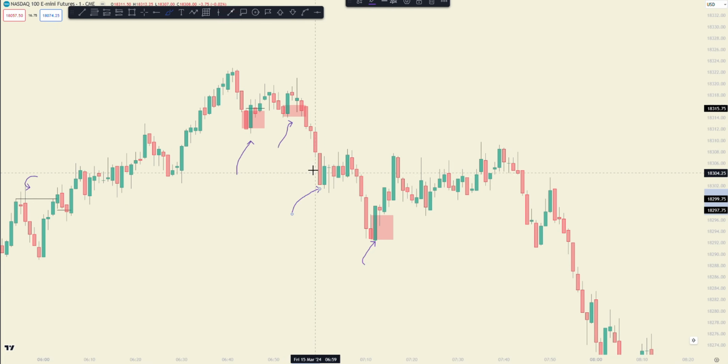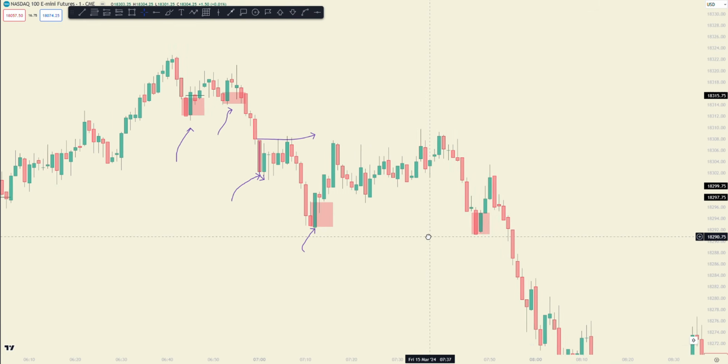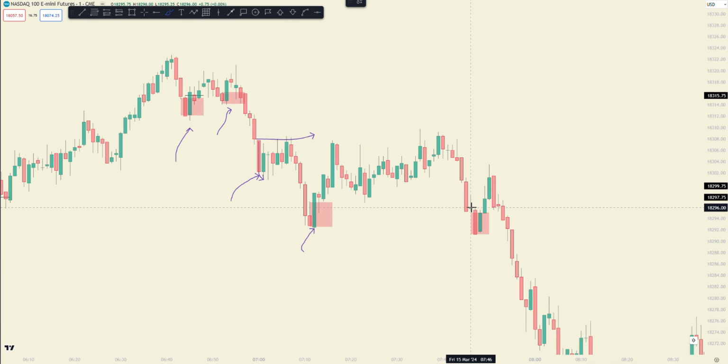This isn't a valid low in our market. Why? Because we didn't close above the bearish candle that established the low. Let's see. We have a low here. Why? Because we closed above the bearish candle that established the low.